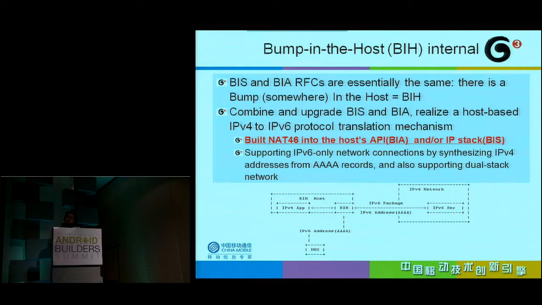Combining and upgrading BIS and BIA is the essential solution: build NAT46 into the host. There are two implementation options. One is API translation. Another is IP stack translation. The BIH solution supports an IPv6-only network without the dual stack internet access.